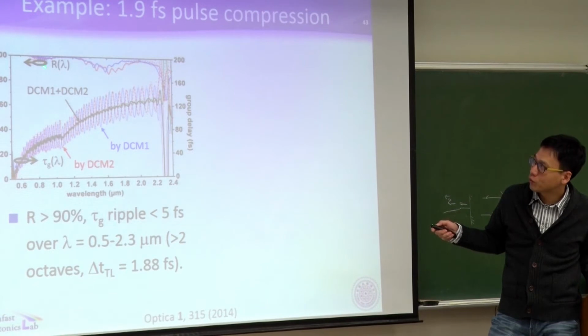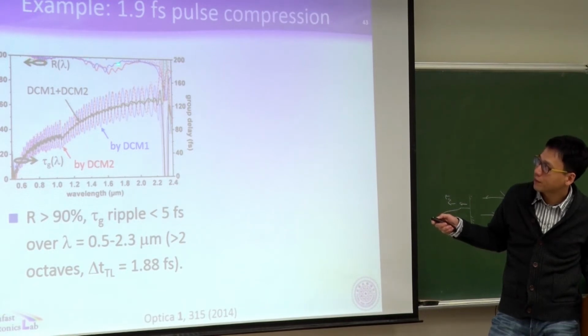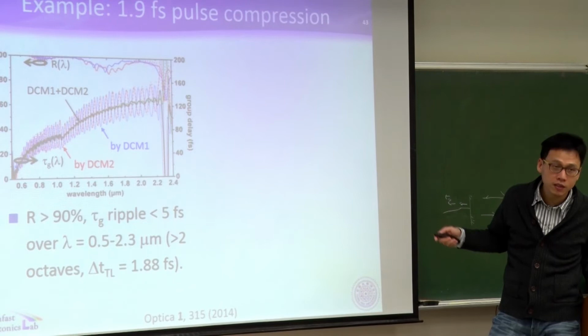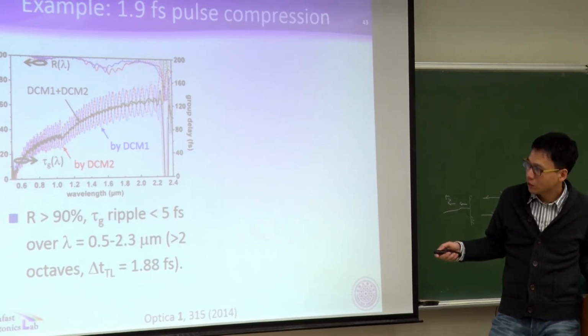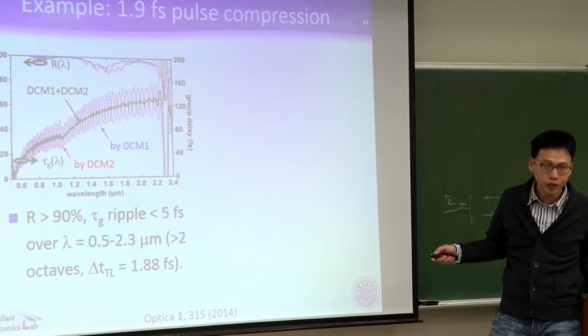If you look at the reflectance spectrum here, this is 100%. So you see all the wavelength components are above maybe 90% reflectance. The wavelength is from 0.5 microns, green light, to 2.3 microns.